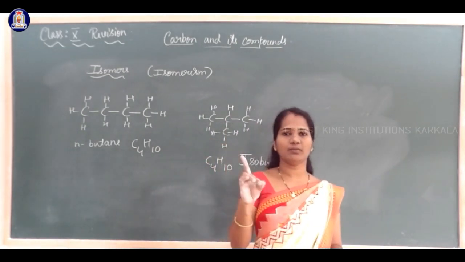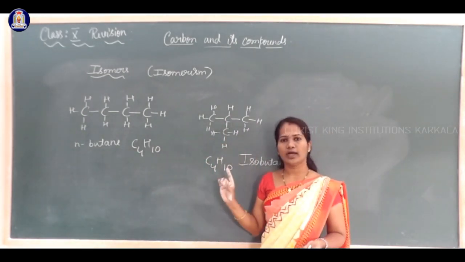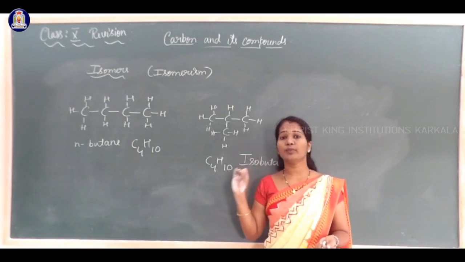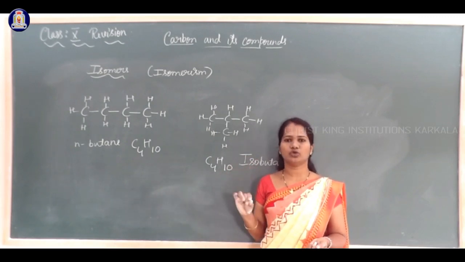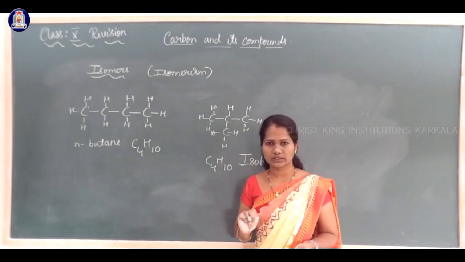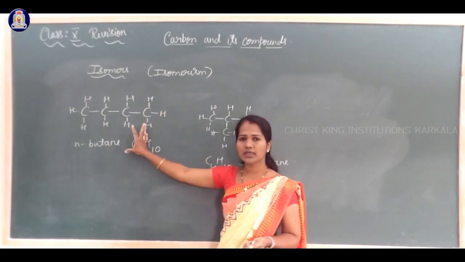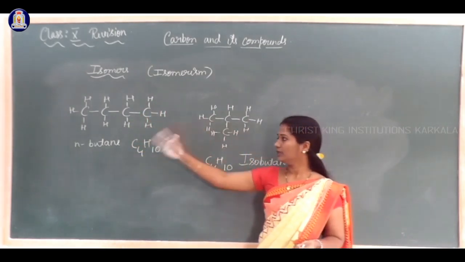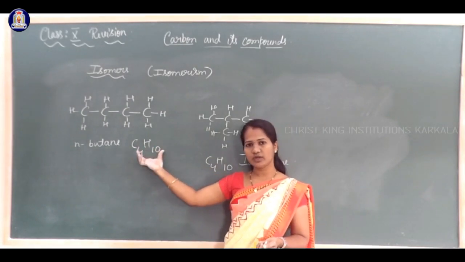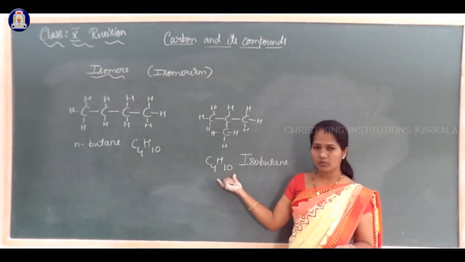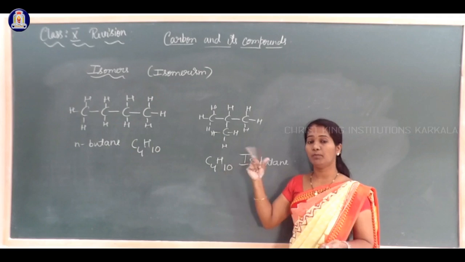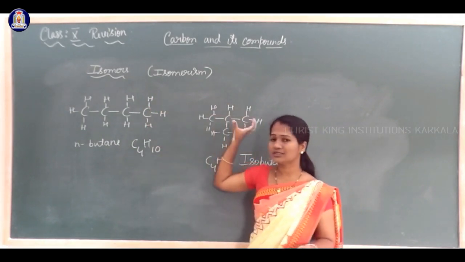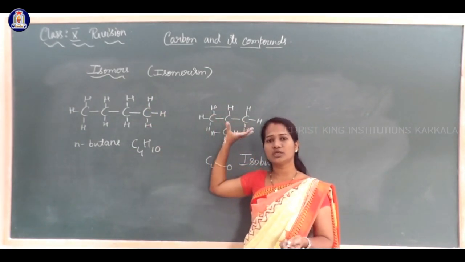That is the first compound of the hydrocarbons which has isomers. There are two isomers of butane, N-butane and isobutane. N-butane has formula C4H10, isobutane formula also C4H10. But they have different structures.